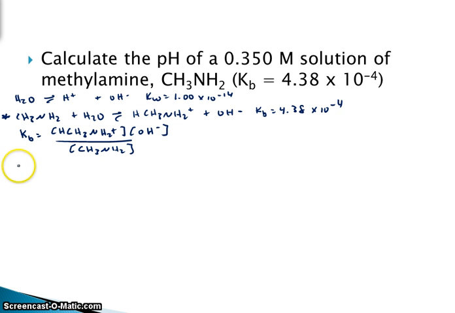Next, we'll make our ice chart. So we've got our methylamine, we've got our methylamine ion, and we've got our hydroxide ion.